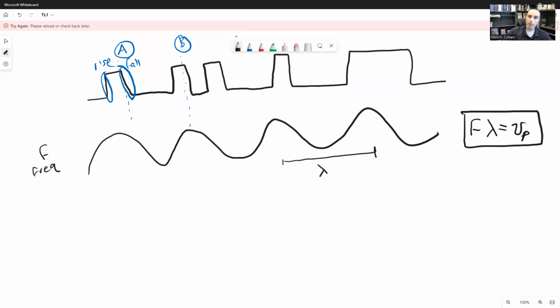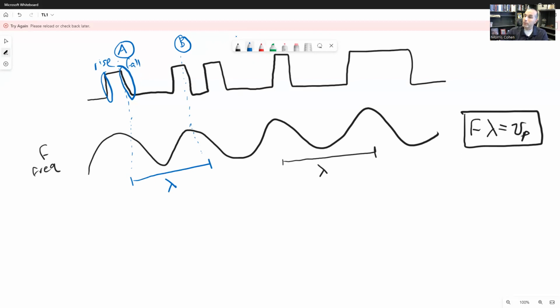Now let me ask you the same question. If I tell you what the voltage is at point A, and I ask you what's the voltage at point B, now you know the answer, or you have a pretty good idea. As I've drawn it, point A and point B are approximately a wavelength apart, so A and B must have the same voltage.